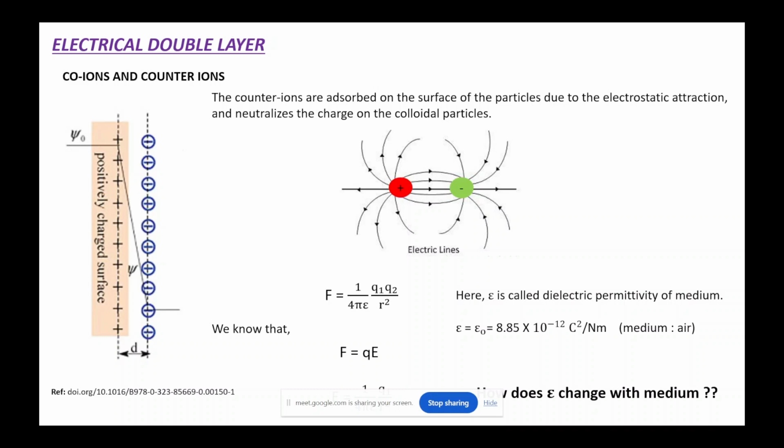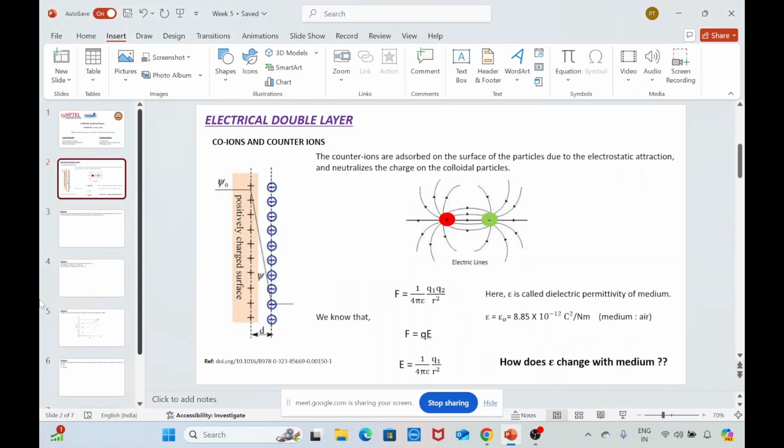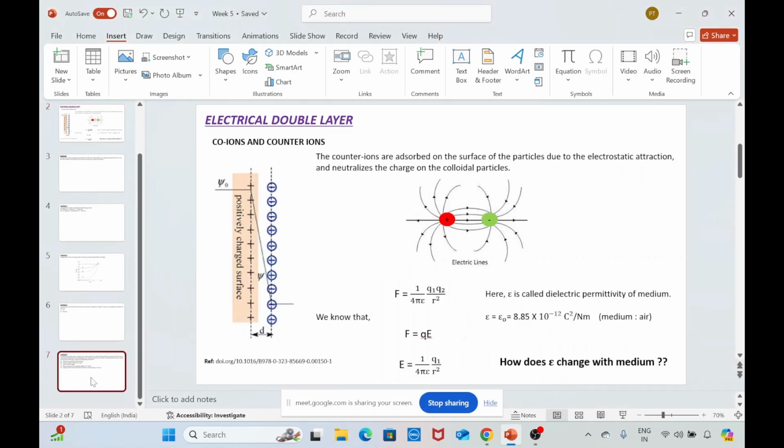So what do you think? In the supercapacitor, we use this electrical double layer concept. There also, you will have a positively charged and a negatively charged side, with a small separation distance between them, which gives the capacitor type arrangement used for energy storage. If you remember the formula for capacitance, let me put it that way.